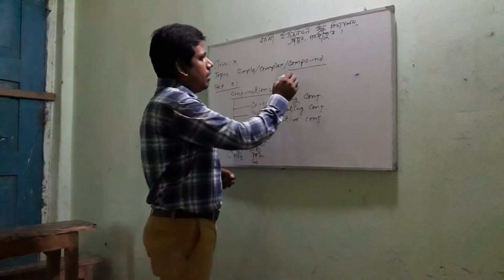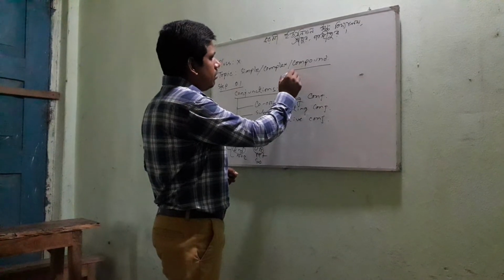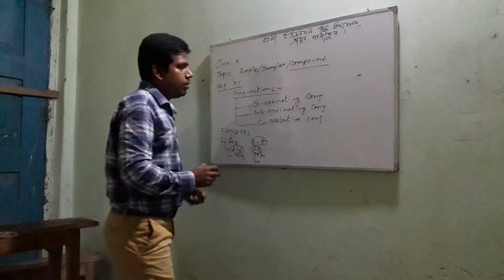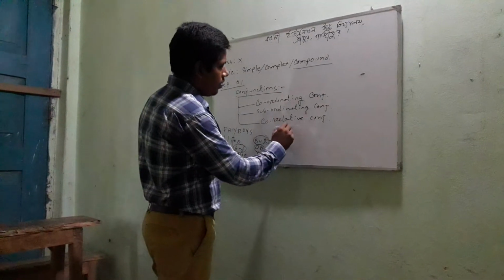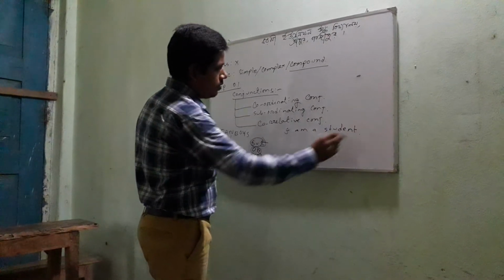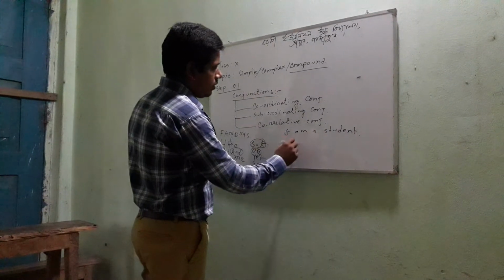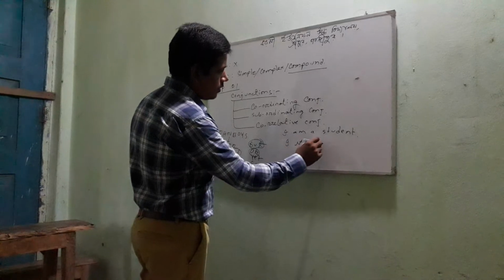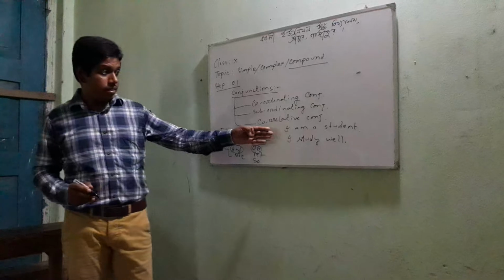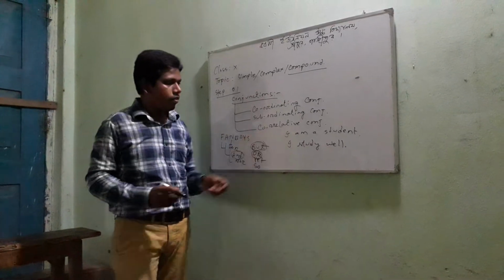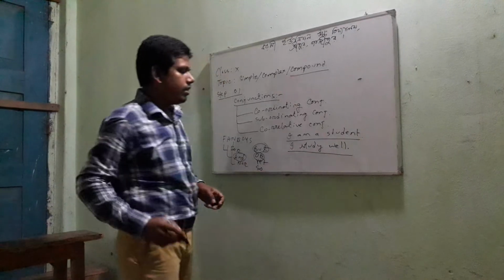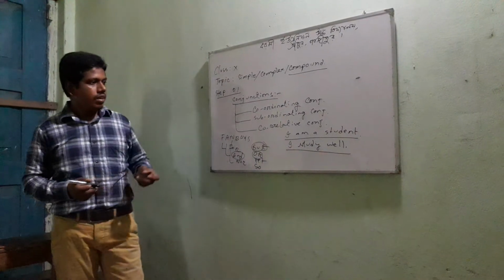Suppose you write down 2 sentences: I am a student, I study well. There are 2 sentences you find. I am a student, a sentence. I study well, this is a sentence.